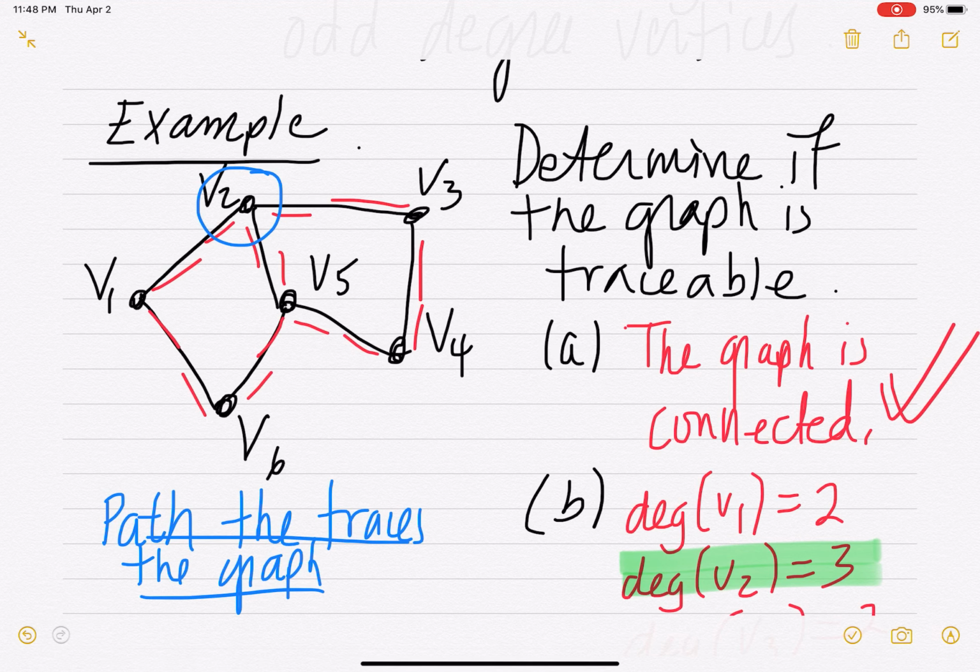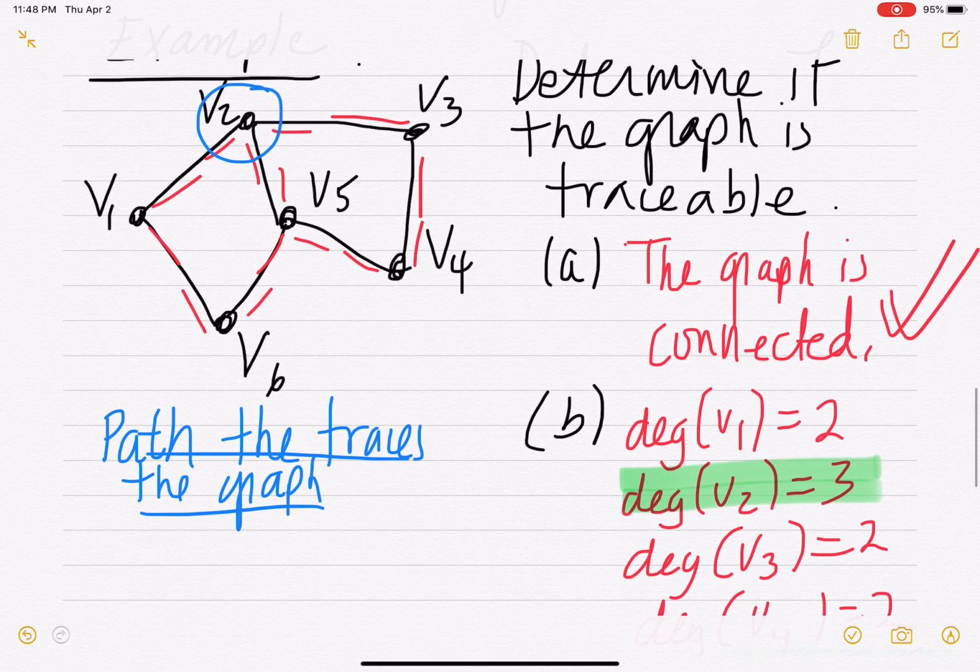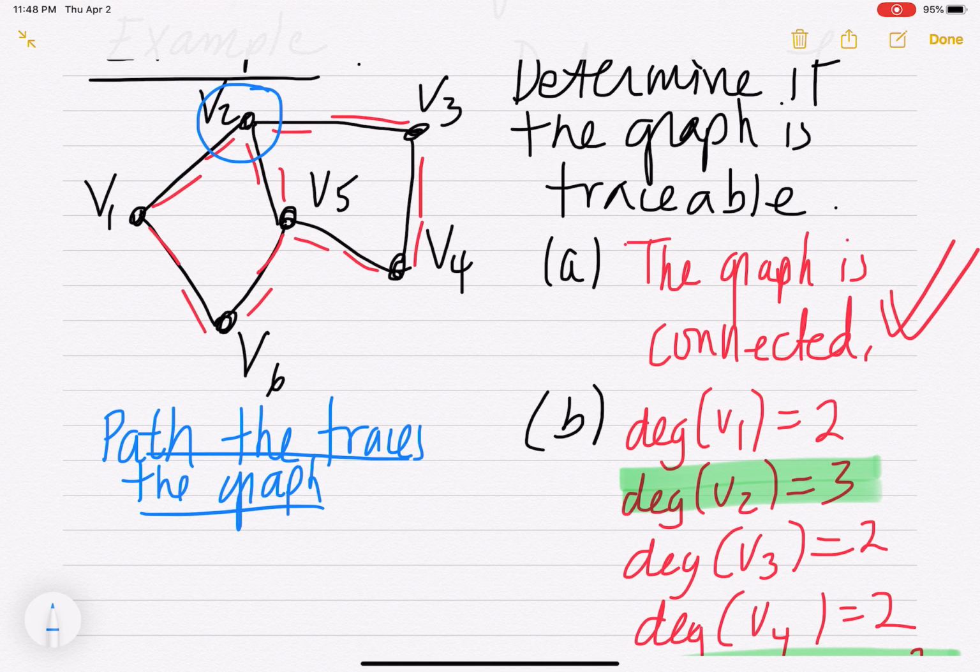Start at V2. So always start at one of your odd degree vertices. We'll go to V1. So we got V2, comma V1. Then we'll go V1 to V6. V6 to V5.